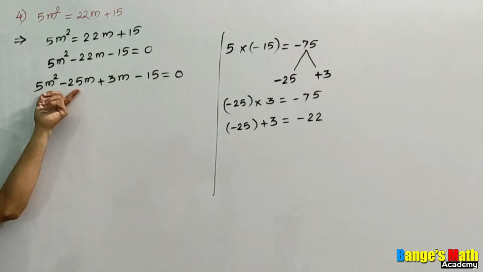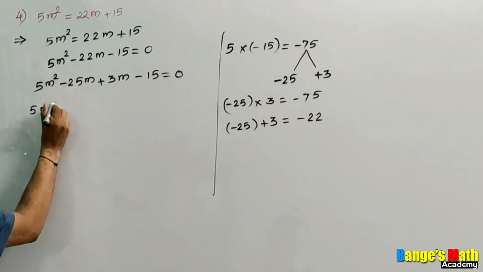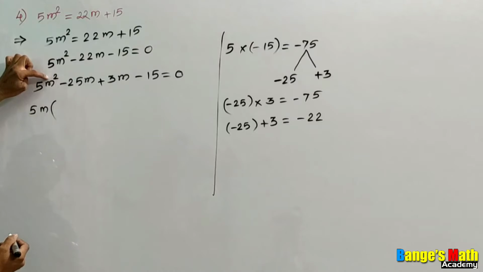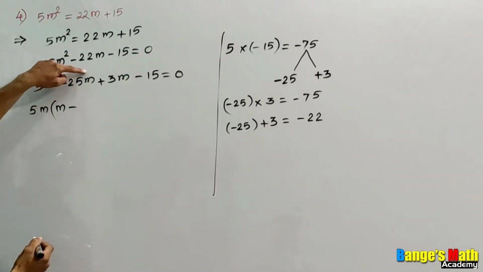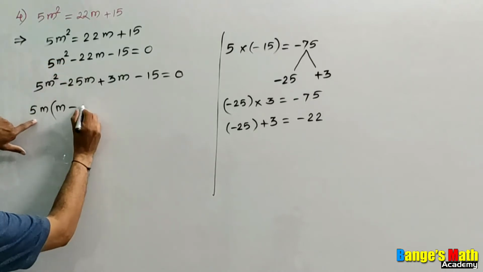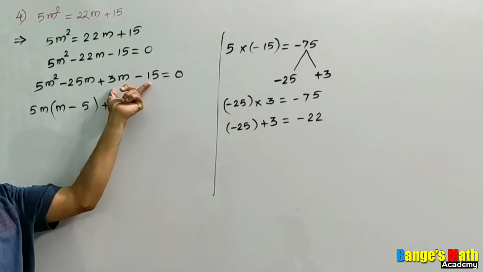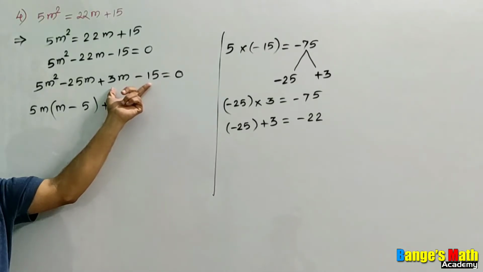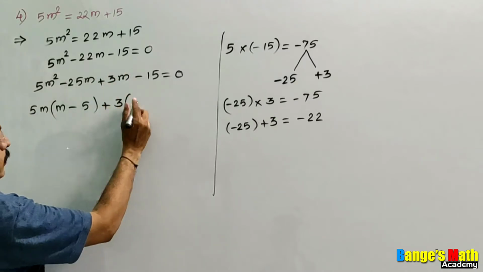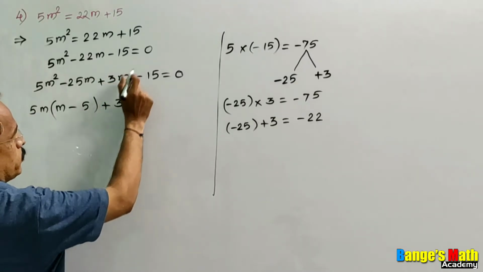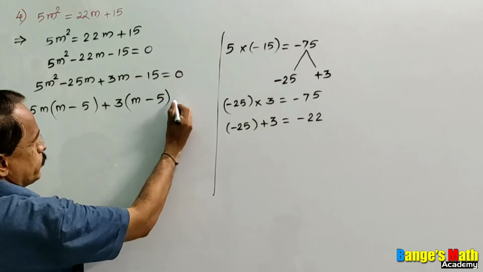Then from these two terms we can take 5m as a common factor. 5m into bracket, divide 5m square by 5m, we get m, minus, divide 25m by 5m, we get 5, plus then from these two terms we can take 3 as a common factor. 3 into bracket, divide 3m by 3m, plus into minus is minus, divide 15 by 3, 3 fives are 15, is equal to 0.